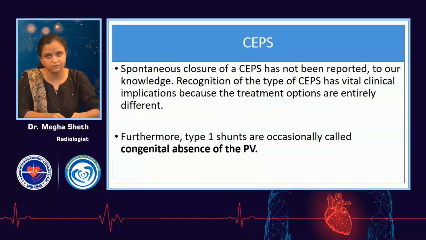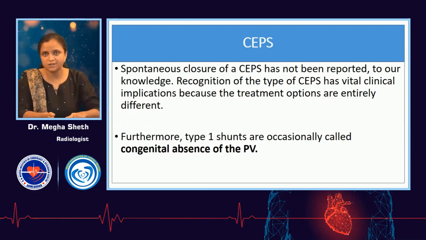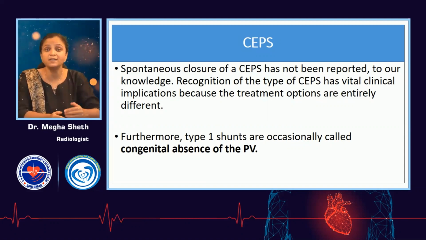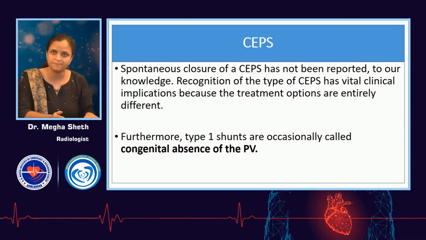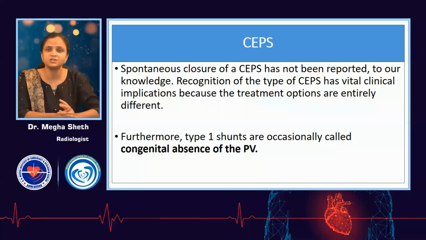If you cannot demonstrate them on CT or MR, then during catheter angiography, as Bhavik will show, they will do an invasive balloon occlusion test. If you see the portal radicals, then it is not congenital absence of the portal vein, even though it seems on CT scan that the portal vein is absent. So this demarcation is very, very important in order to label it as congenital absence of portal vein.